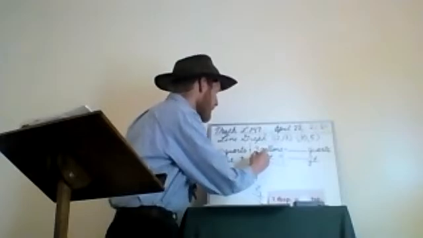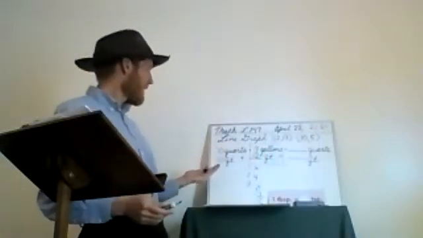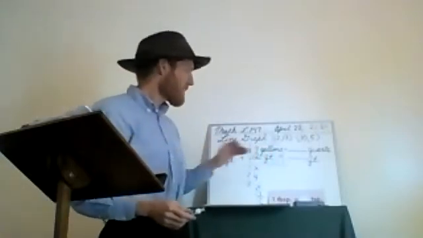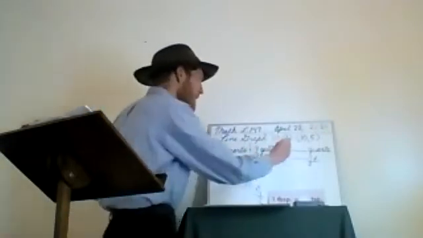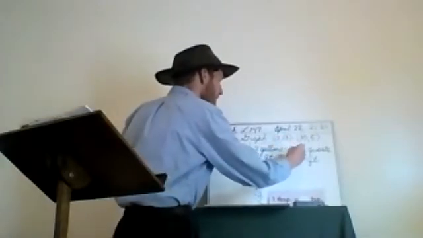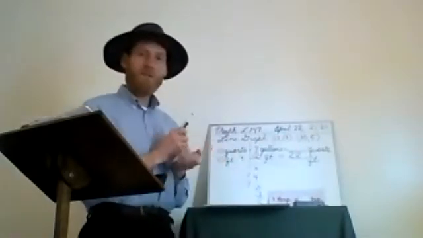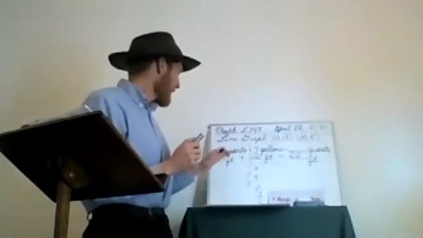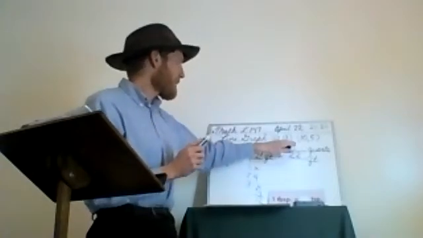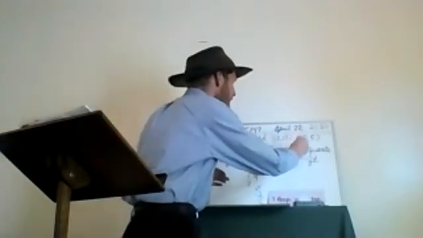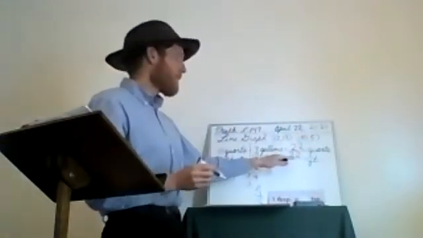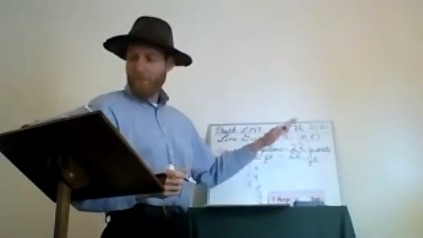Now we can add 10 plus 12. What's 10 plus 12? Did you say 22? 22. Then we're going to bring it up in our answer. Now, that's not the end.